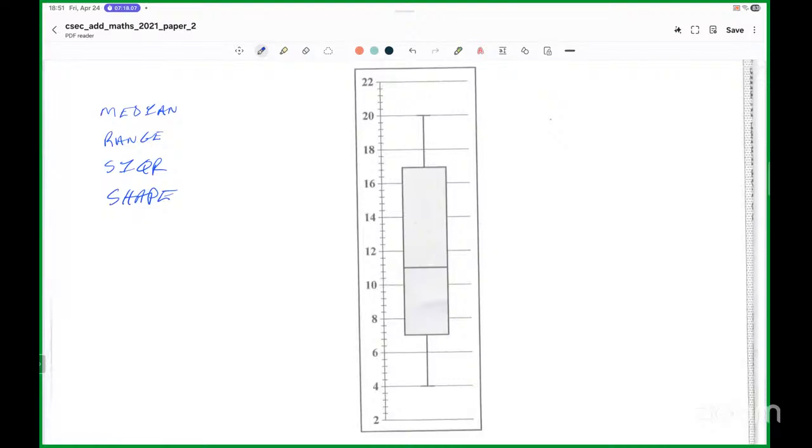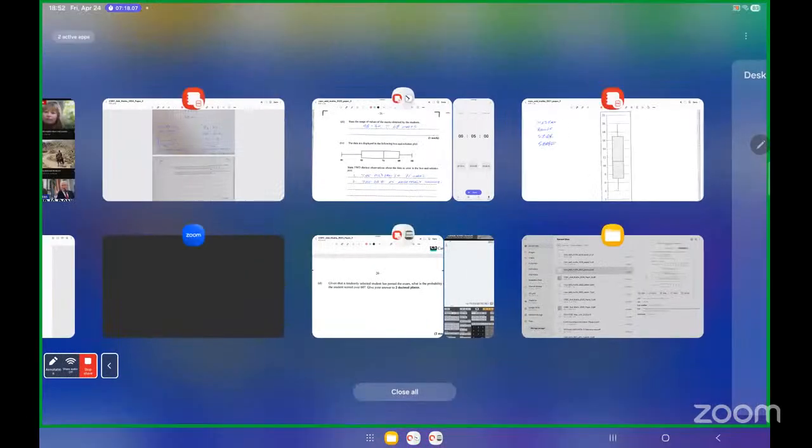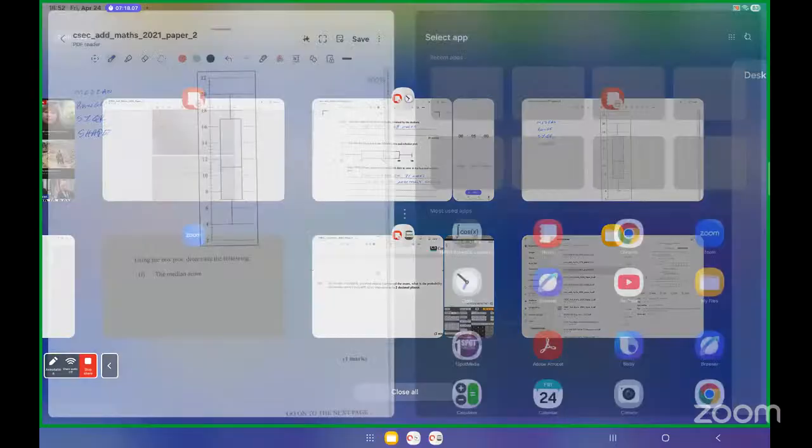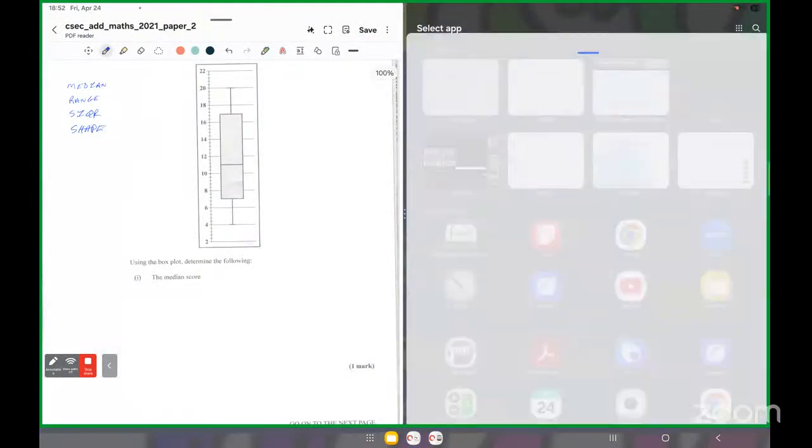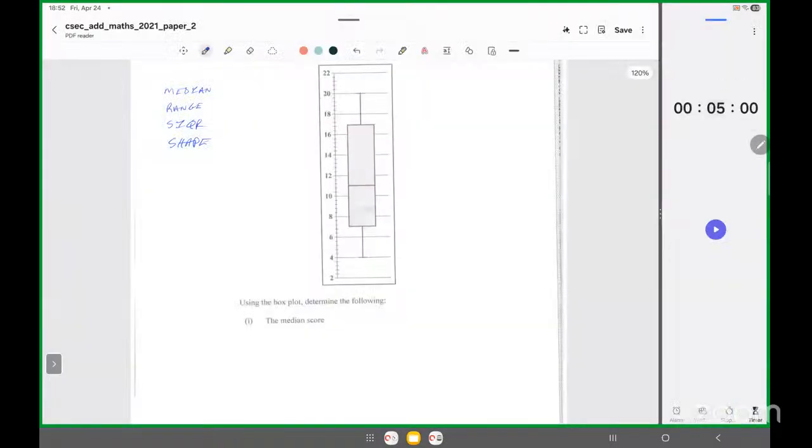Everything is done there. Let's look at the scale and graph properly. Just start reading it from bottom up instead of from left to right this time.